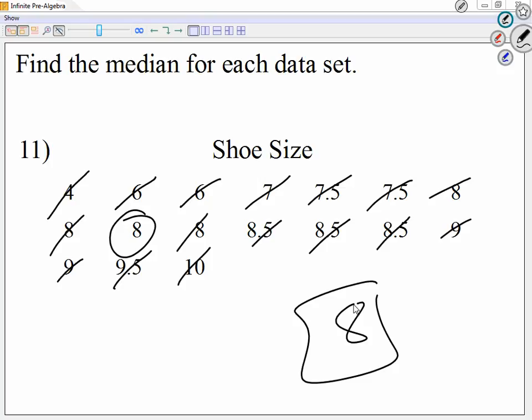If you have two numbers, then get the average of the two, which basically means add the two numbers and divide by two. So if you only have one, that's it. But if you have two, add the numbers, divide by two. Get the average of the two. So any questions up until 20?